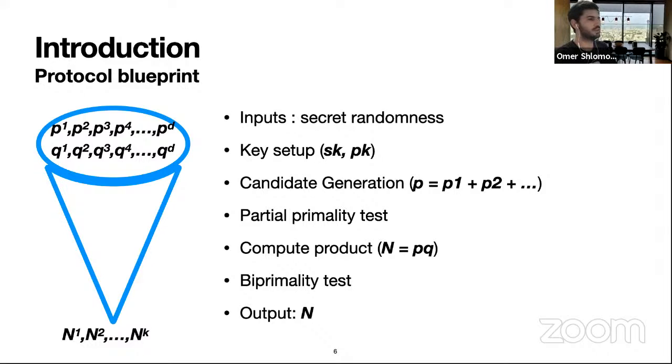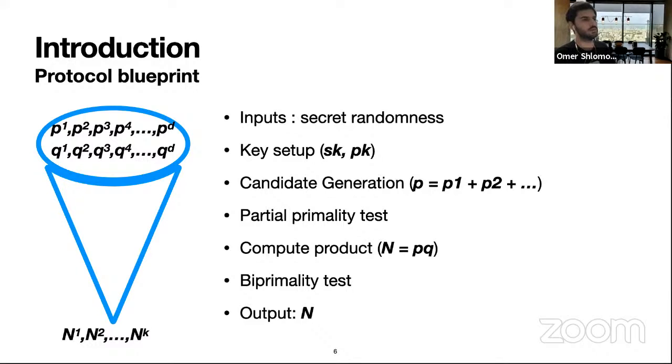And it's also a very intuitive one, because at the end, we need to output a single biprime. So we only care about a single biprime, and it should be a multiplication of 2 random primes. So the input here is very simple to understand, just supposed to be randomness. There is some setup phase because we do need to work with some encryption scheme. And then the game here is about generating the primes and then generating the biprimes in a secure way and testing them.